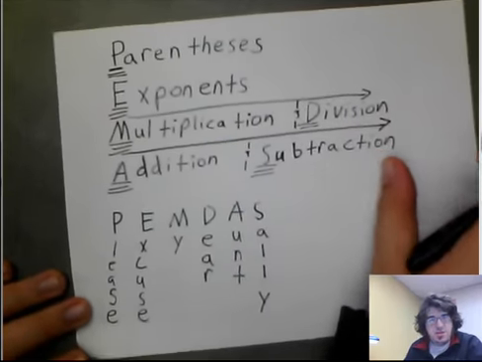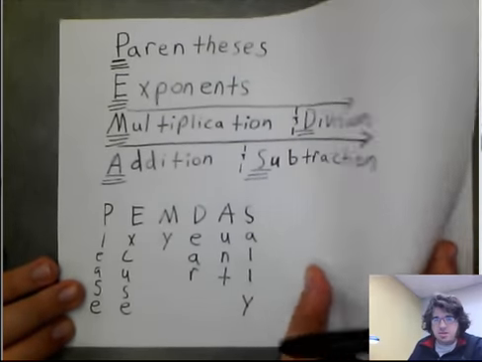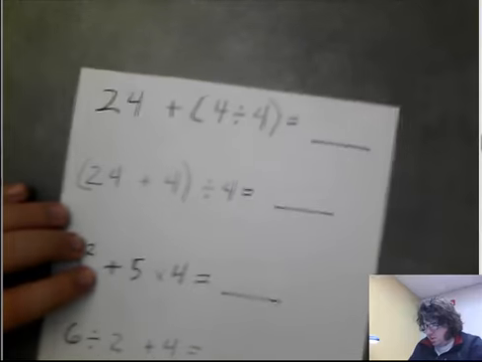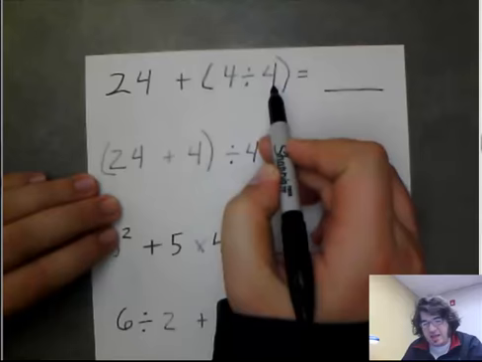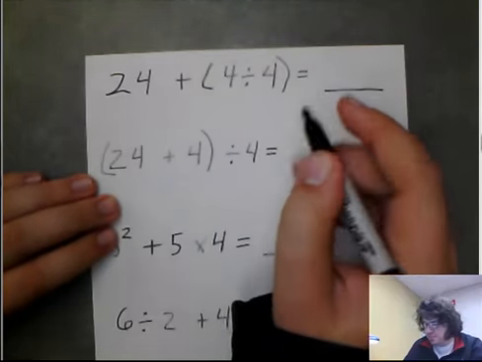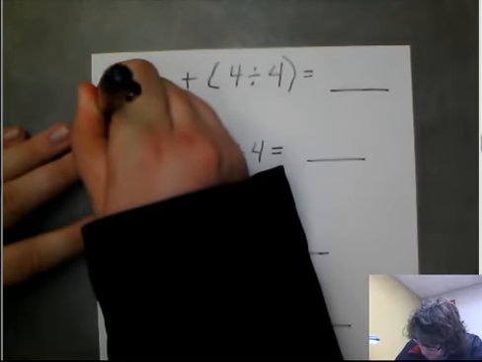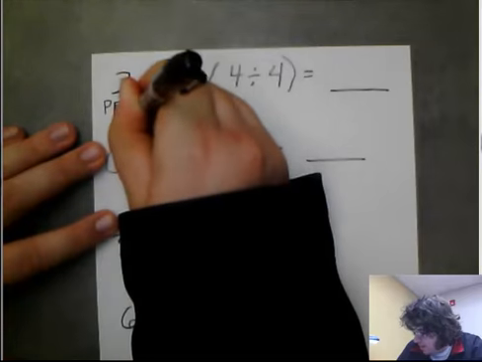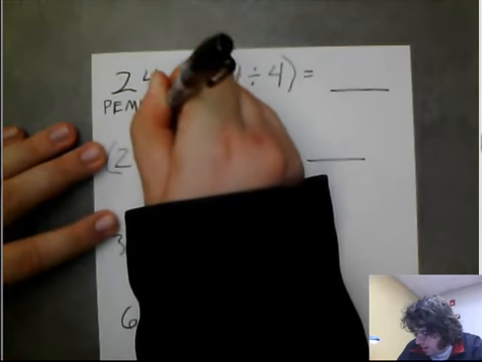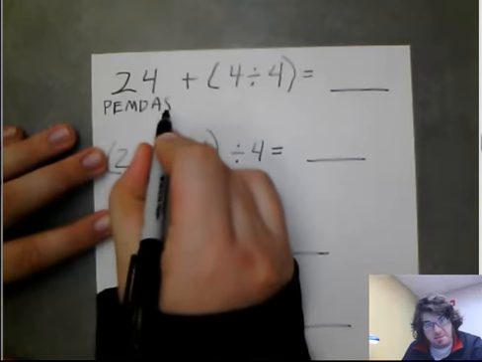Okay, so that's a quick explanation. I don't want to make this too long, so let's look at some problems. All right, our first one, 24 plus 4 divided by 4, which is in parentheses. The first thing I like to do is write P, E, M, D, A, S. Please excuse my dear Aunt Sally.